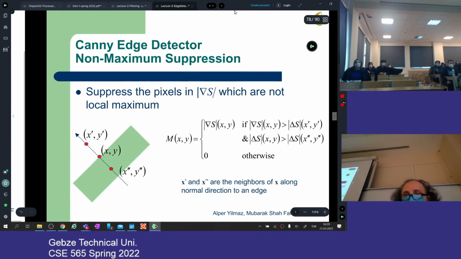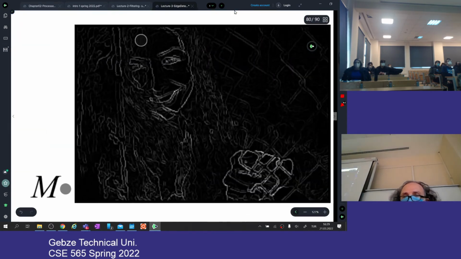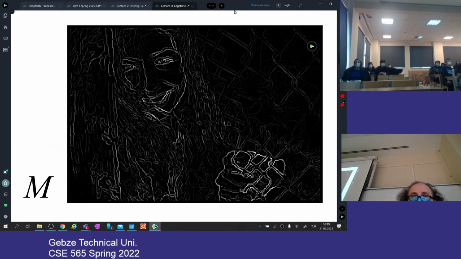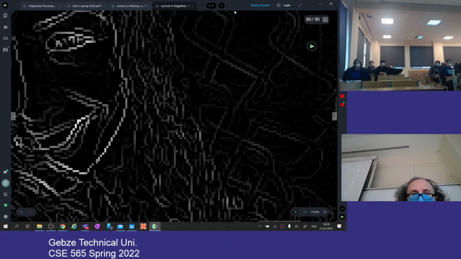After doing that, this is what you would get. So I suppressed all the non-maximum ones, and as you see, I get this nice thin edge chain like that.